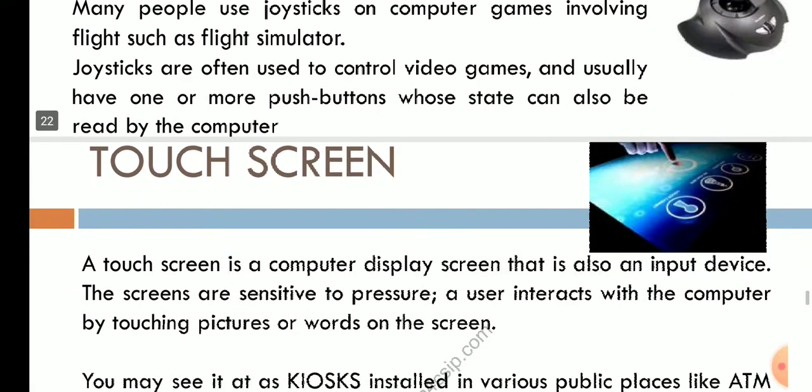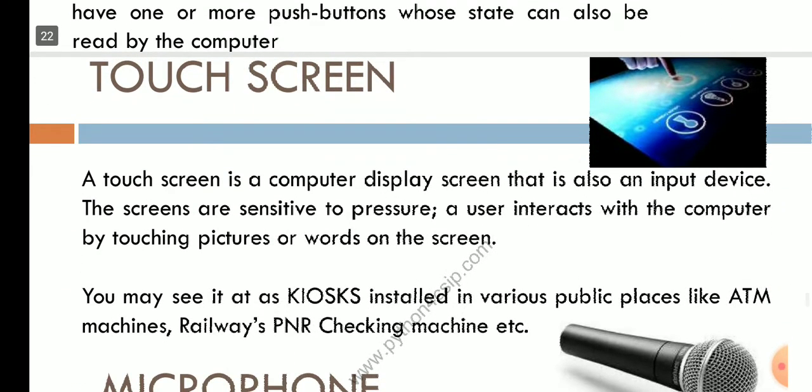And then next, touch screen, which you have seen commonly in ATMs and in railway reservation. Wherever we are going for public use of computers, there will not be buttons, there will be only touch screens, because there is a possibility of the keys getting broken if people bang the keys more than one time.